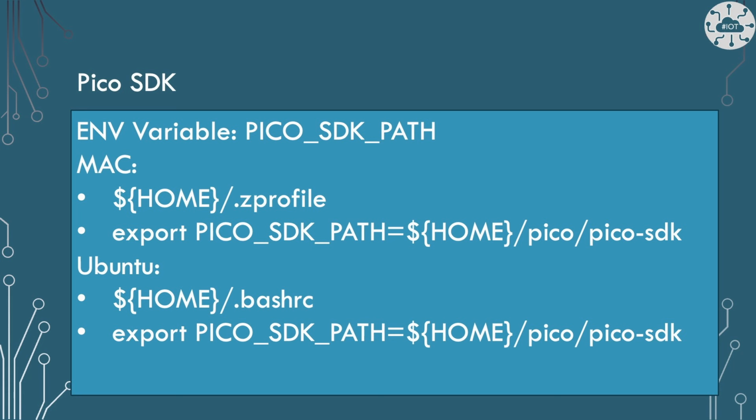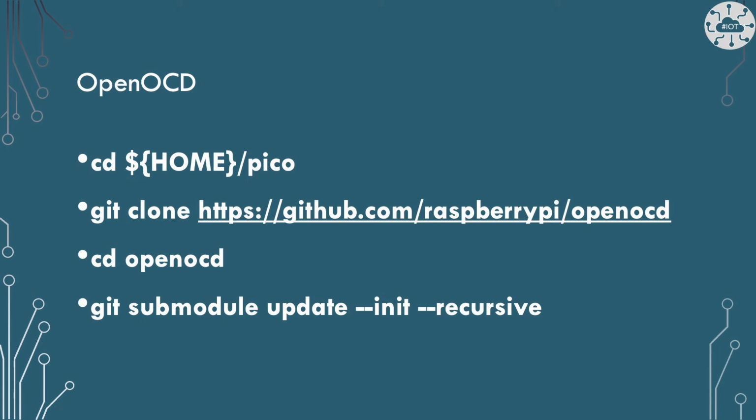On a Mac, that's generally set within the .zprofile configuration in your home directory. On Ubuntu, generally that's under .bashrc. Both of these depend on what shell you're using. If you've chosen a different shell than the default, then you might have to alter that.